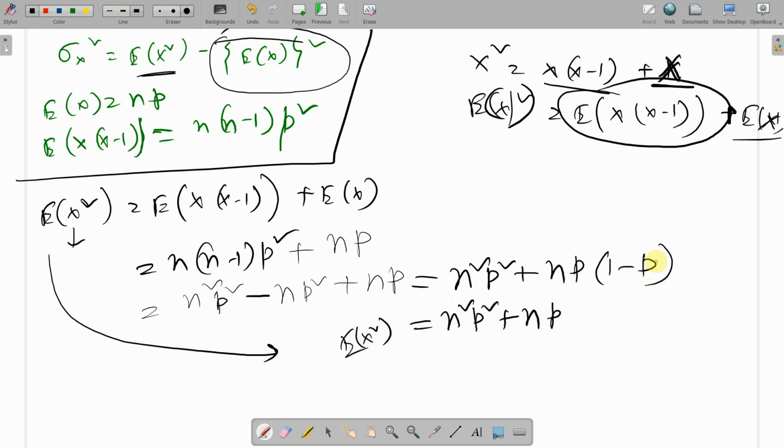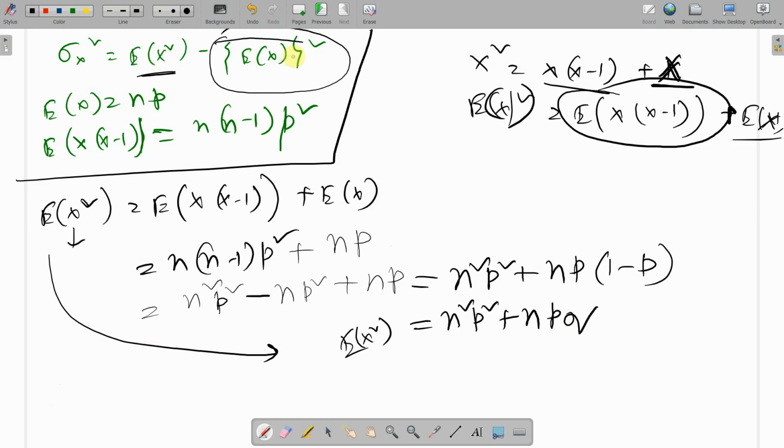What is 1 minus p? 1 minus small p is q. ये सारे जितना p यूज कर रहा हूँ यहाँ पे सारे स्मॉल p है ना, so E of X square का वैल्यू है n square p square plus npq.